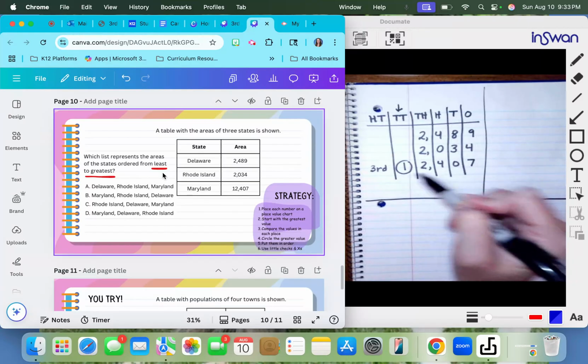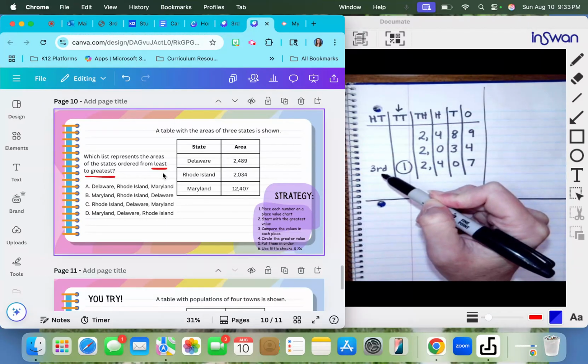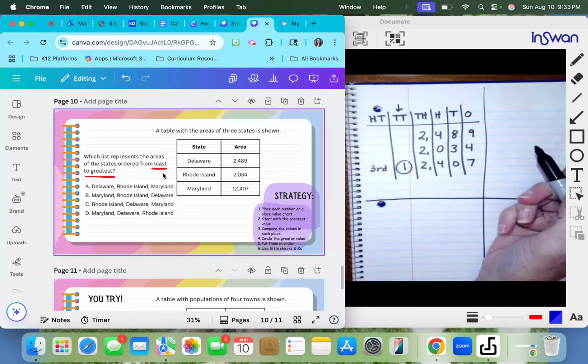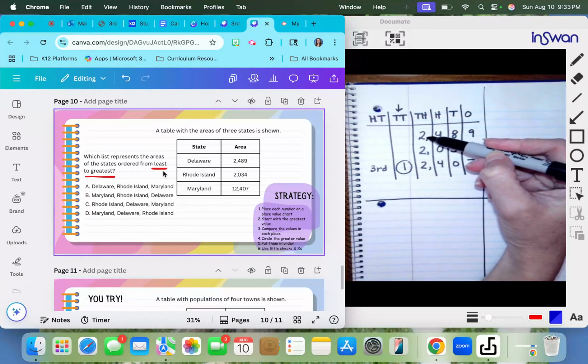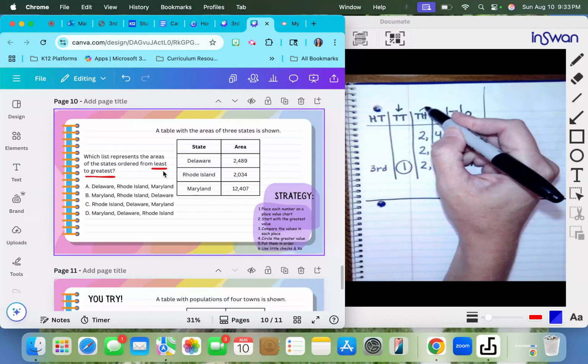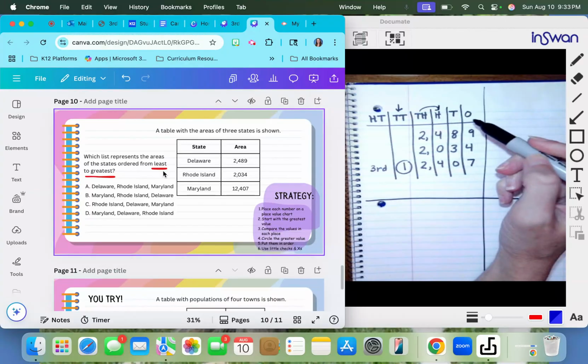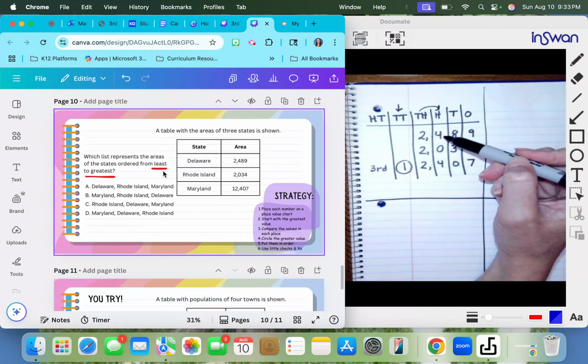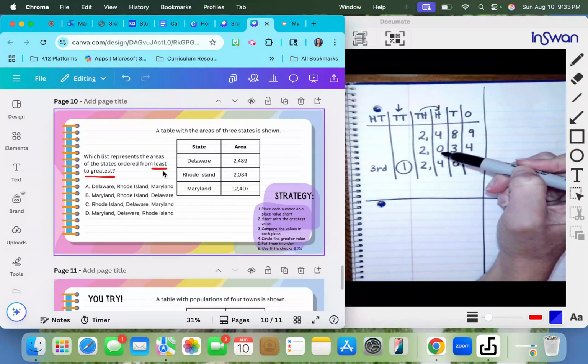Okay, now we've got that number taken care of. We know he's going to be in third place. Let's see if we can figure out first place and second place. Remember, our first place is going to be least. Well, looking here, we've got a 2,000 and a 2,000. Well, that's not going to help us much. Those are the same value, so we need to go next door to the hundreds place. Here we have a 400 and 0 hundreds. Ooh, 400 and 0 hundreds.